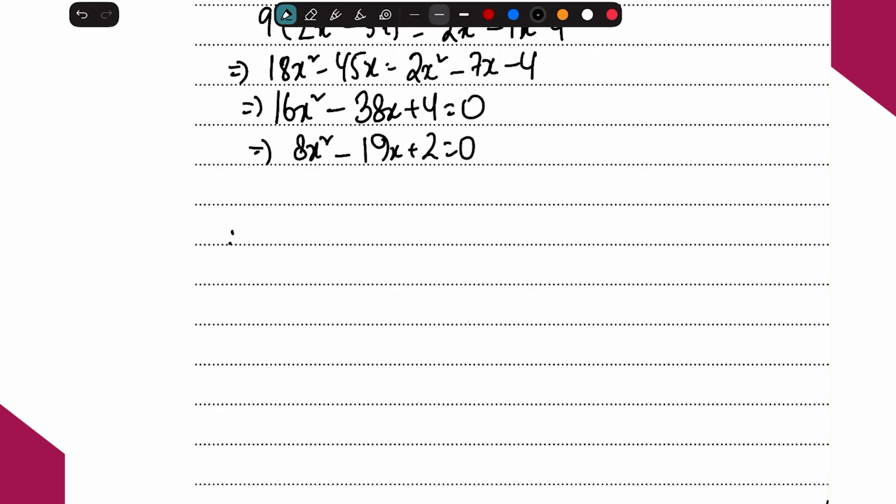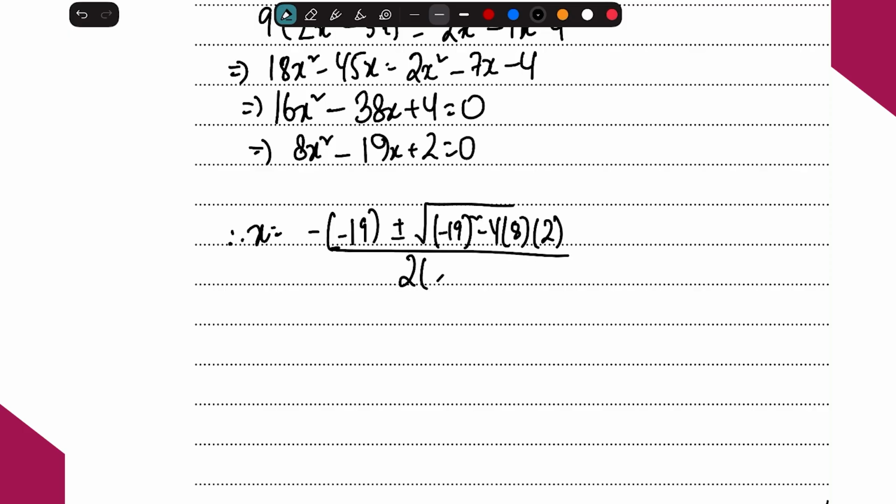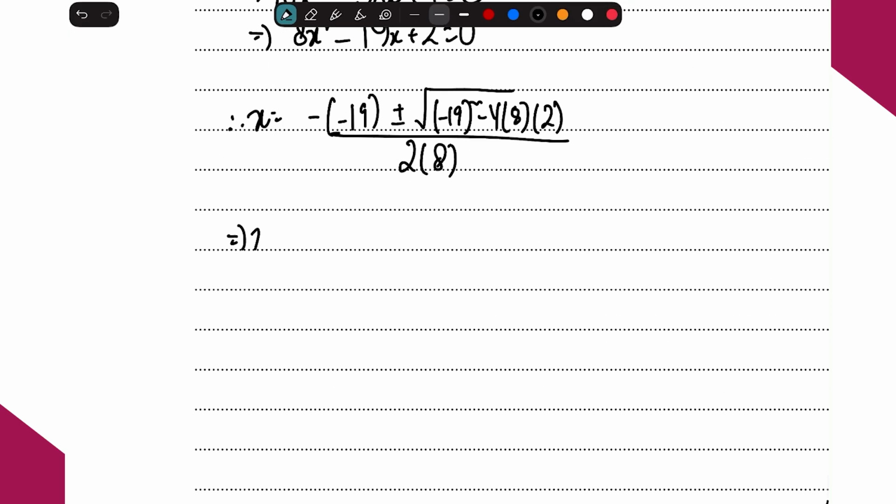Therefore, the values of x are minus 19 plus or minus root of 19 squared minus 4ac, over 2a. Then just use your calculator to solve for this, which gives 3 over 16 root 33.